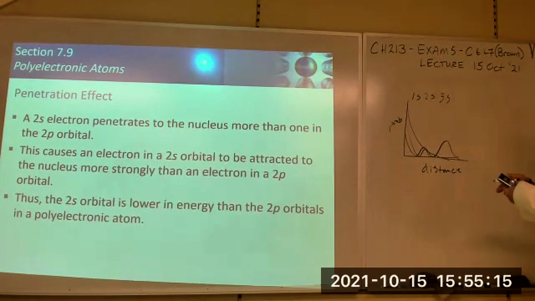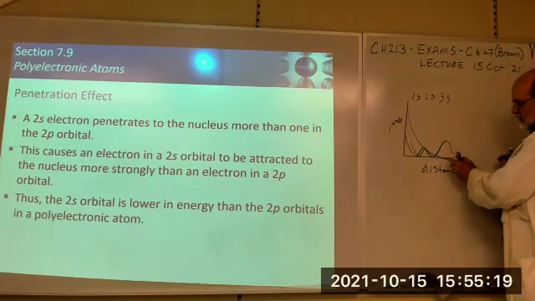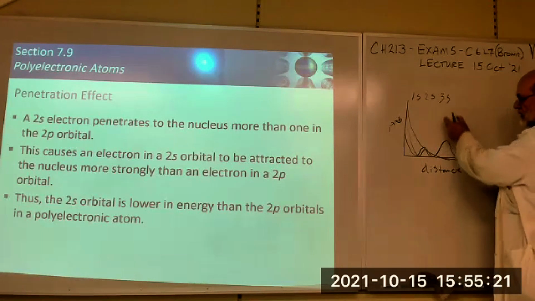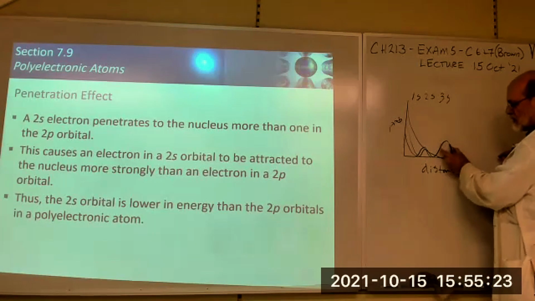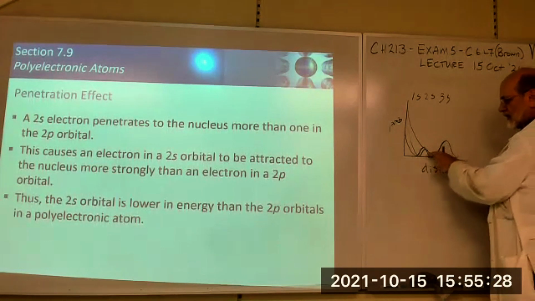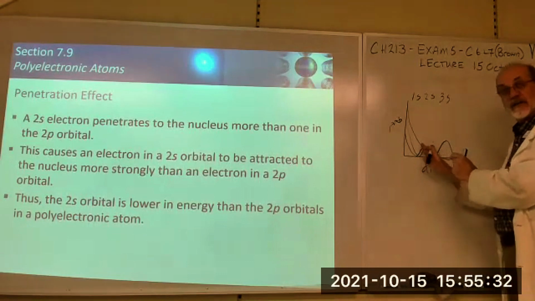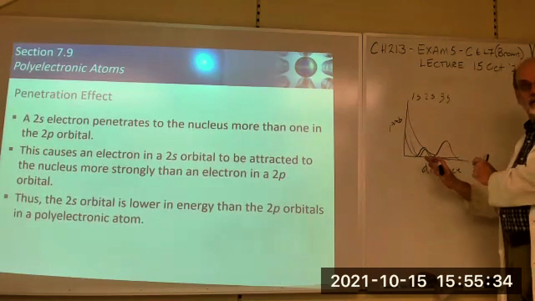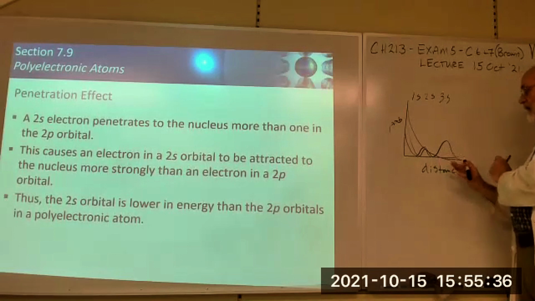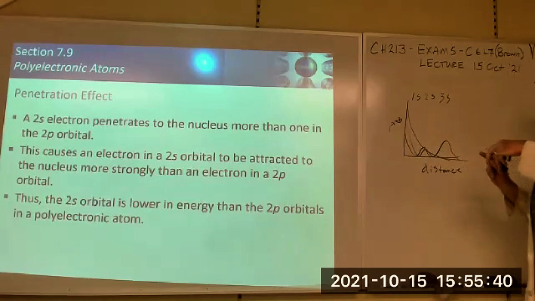The point I'm trying to make is that even though most of the electron density for the 3s electron is supposed to be here, the model says that there will be a small probability that you'll have some electron density closer in. And that effect of putting some of it closer in is called penetration.